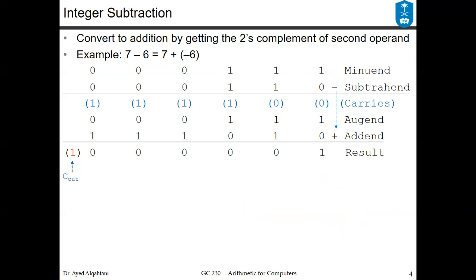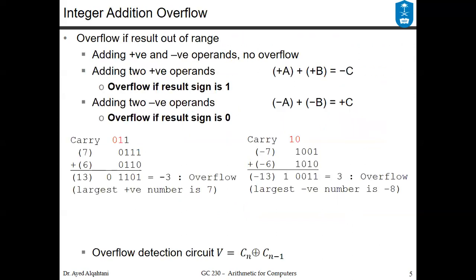Okay. After we revisited the addition and the subtraction, we'll look at the integer addition overflow. Overflow happens if the result cannot be represented using the number of bits specified, and this happens if you add two positive operands and the result is negative.